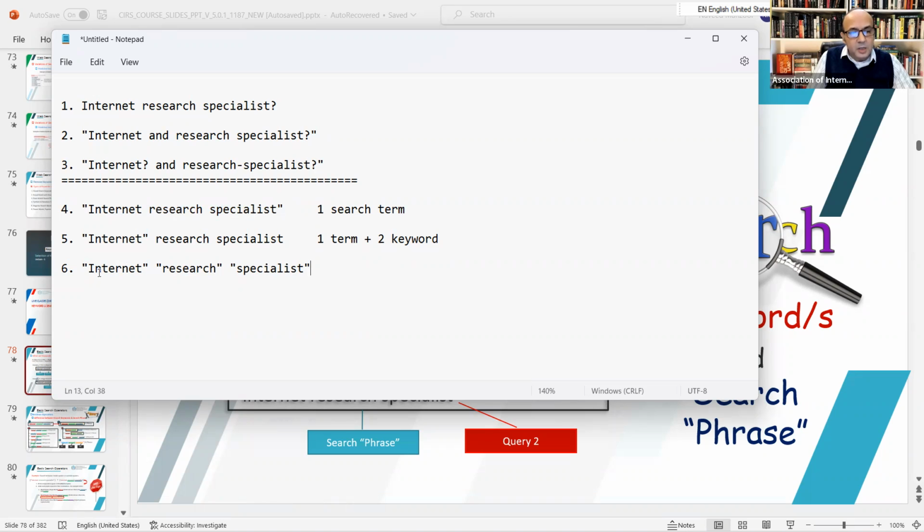In the sixth query, the content page would probably be satisfied with having the three words in the content page, but not necessarily placed one next to another as laid out in the single search phrase internet research specialist. Rather, these could be scattered words present in the content pages, but may not be considered a single search phrase. So what you have done in 6 is made sure that the words are strictly required to be present in the results, but may not be in the sequence as in query 4.